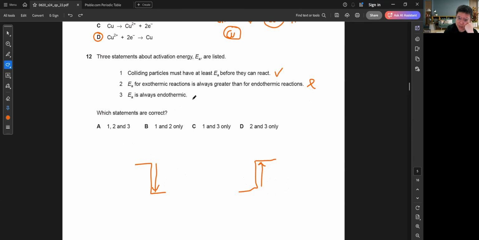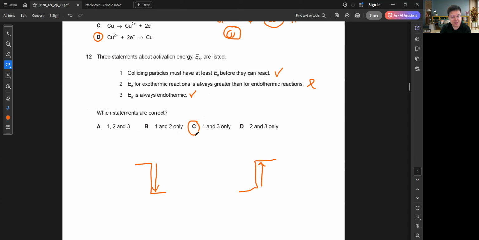Activation energy is always endothermic. Yes, because activation energy is something that we absorb. So when you absorb energy, it is endothermic.